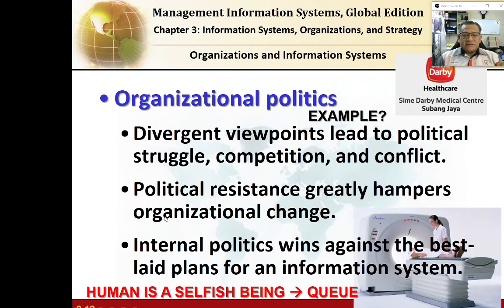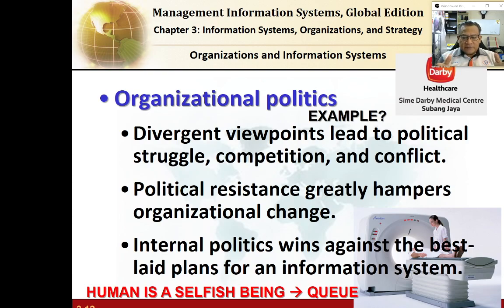So yes, there is political resistance within the organization, for example, competition between one group and another group. But that is normal from the human perspective because we normally tend to work comfortably with the people who get along with us. That is basic human nature, right?